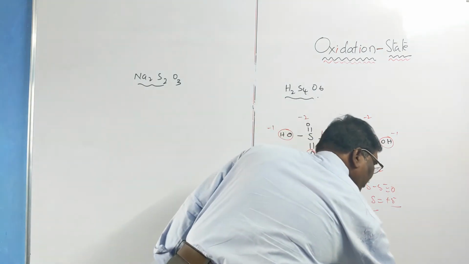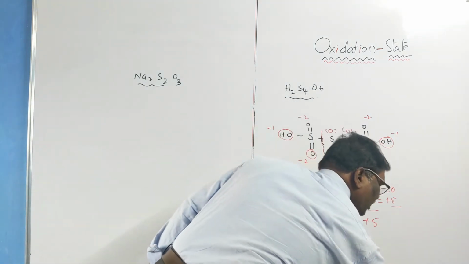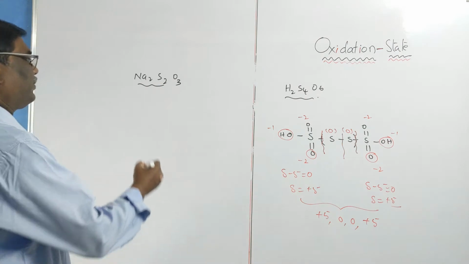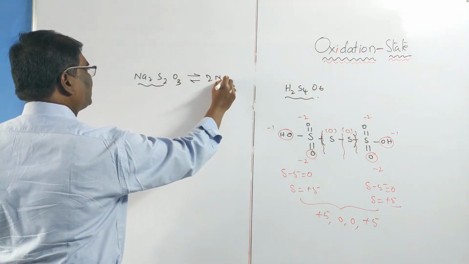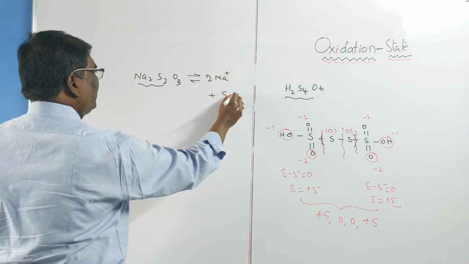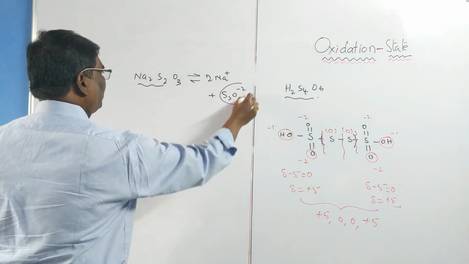Similarly, we have to find out the oxidation state of sulfur in this compound. Now this one ionizes into 2 Na plus ions and 1 S2O3 minus 2 ion.